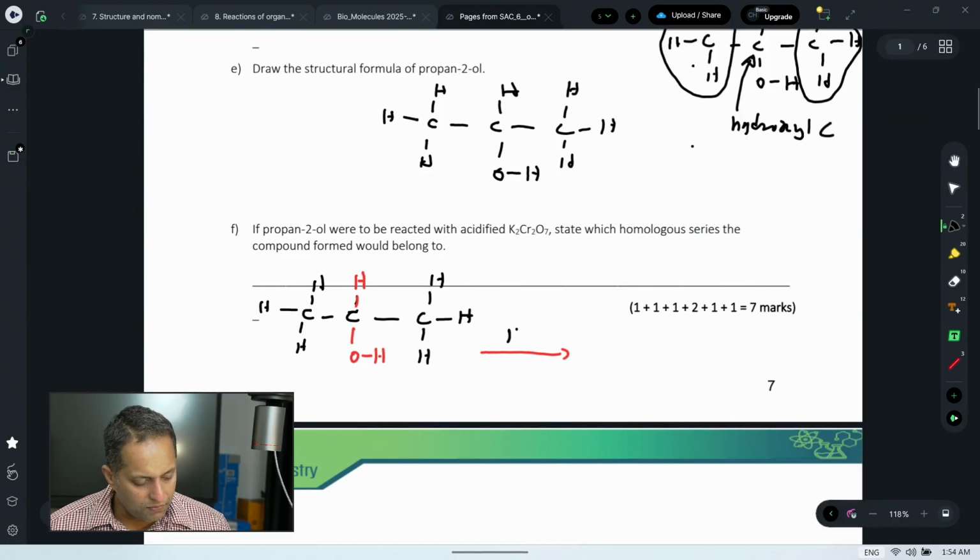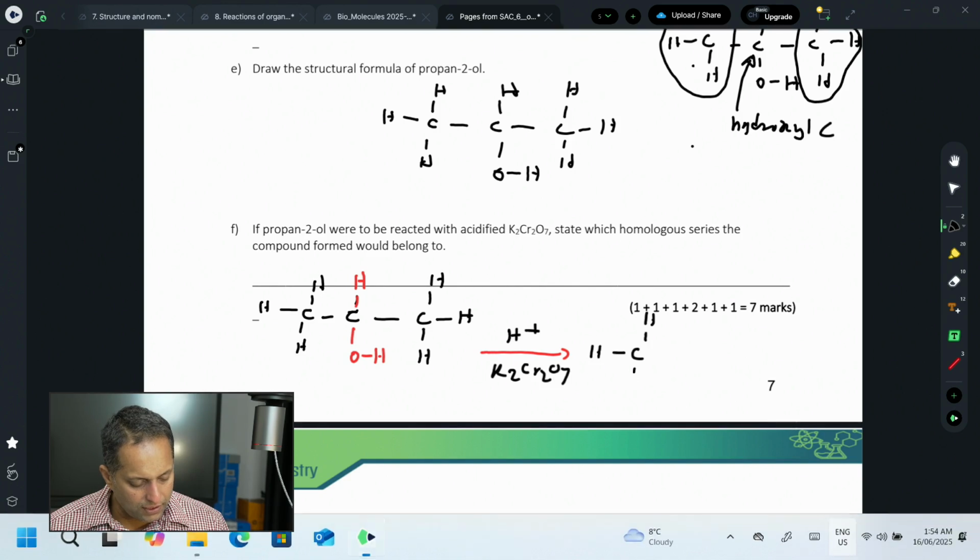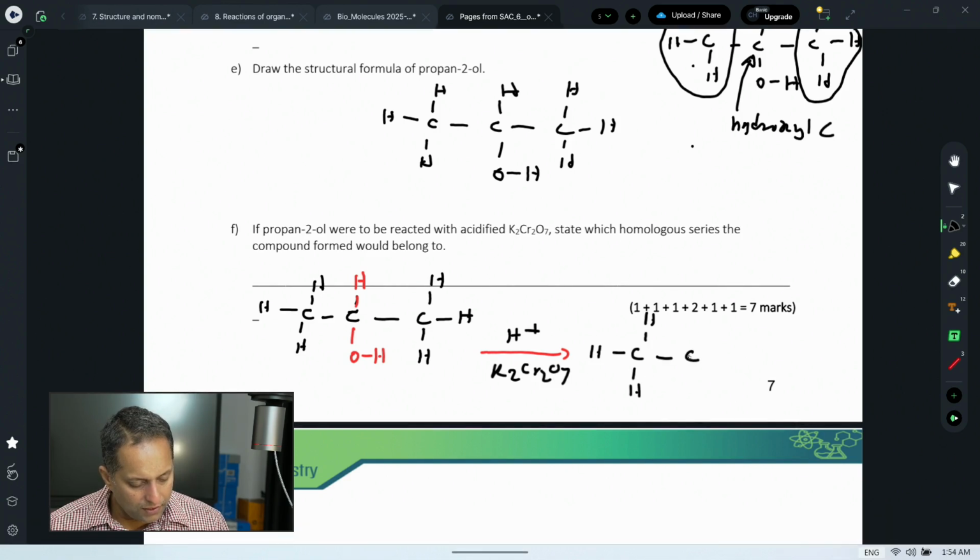Okay, here acidified potassium dichromate. Then what will happen? Look. We don't change those atoms. I told you that you can only rearrange the red atoms. What is it going to become? You know that a secondary alcohol gets oxidized into a ketone.